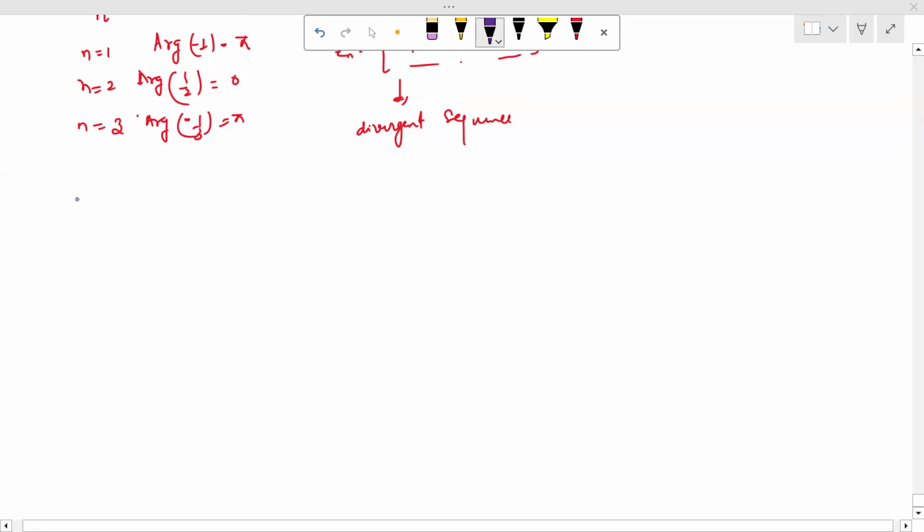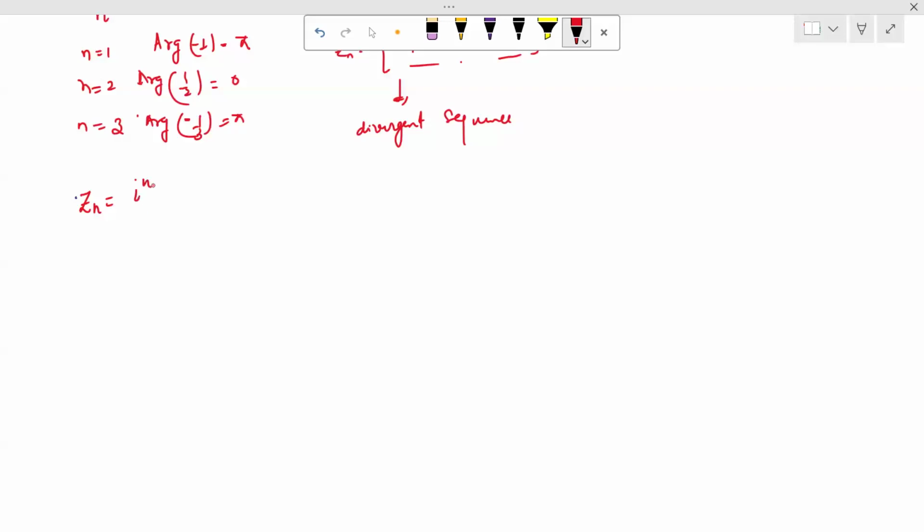Let's say I give another example to you. What do you think about this sequence, Zn equal to iota raised to power n divided by n? Iota raised to power n was divergent, but if I divide it by n, then I'm claiming that the limit of the sequence Zn would be 0. Let me see whether my claim is right or not.